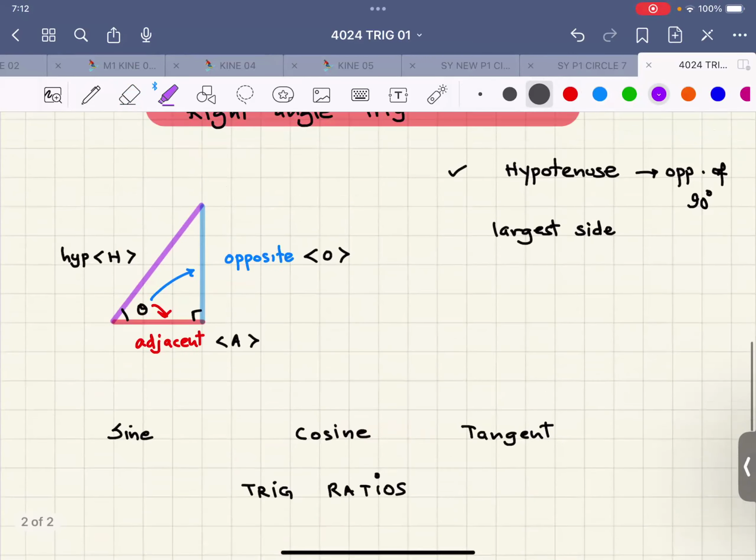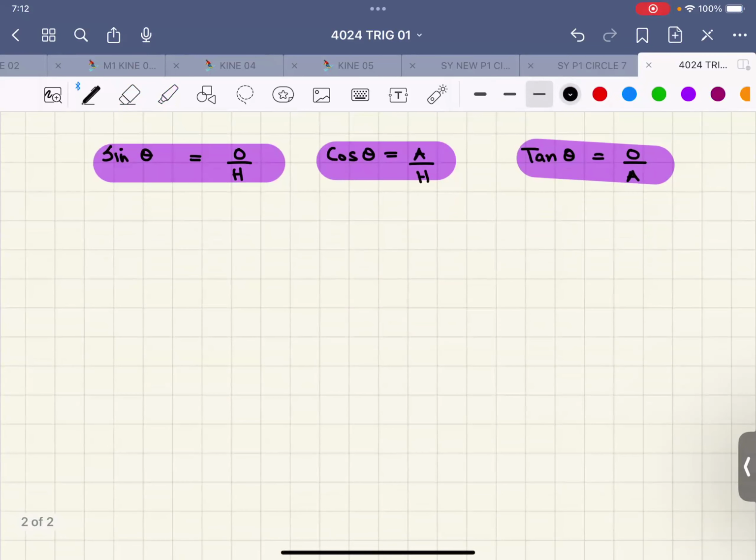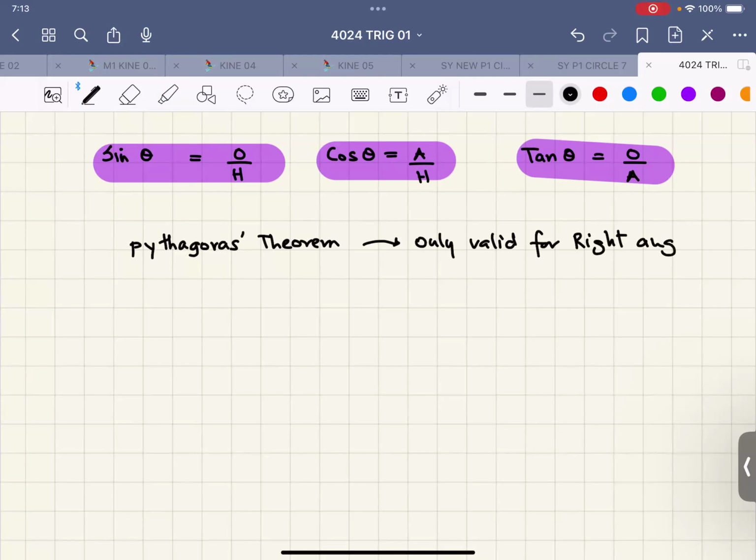What else is there? We have the Pythagoras theorem. This is only valid for a right angle triangle. You can say that this is a litmus test for a right angle triangle.